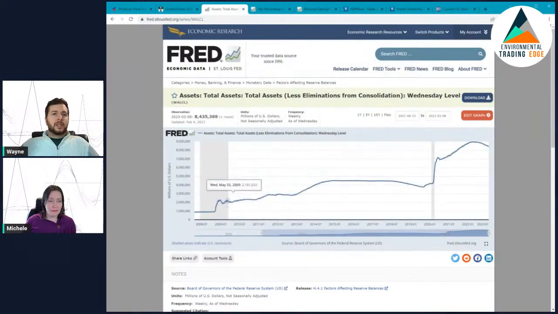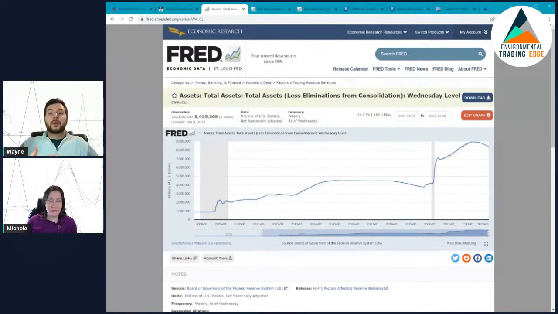All right, so this is the total assets at the Federal Reserve. Basically, the Federal Reserve is either buying securities, you know, bonds, junk bonds, mortgage-backed securities, or they're selling, or at least letting some roll off their balance sheet.